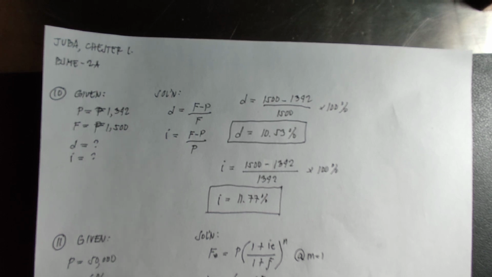So the given: our principal is equal to 1,342 pesos, then our future amount is equal to 1,500 pesos. Then we will find D and I, our discount rate and our interest rate.